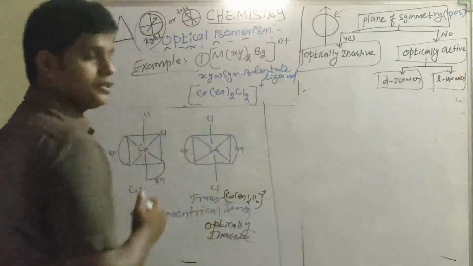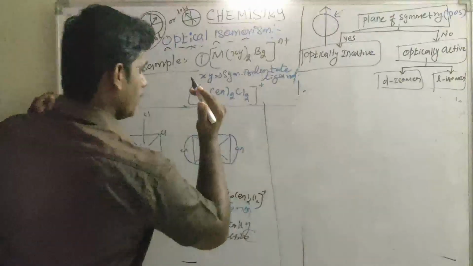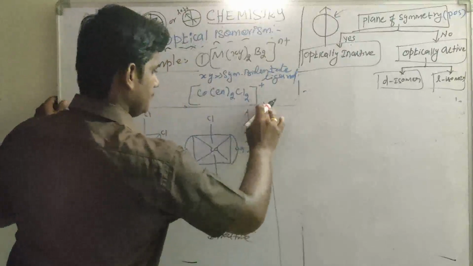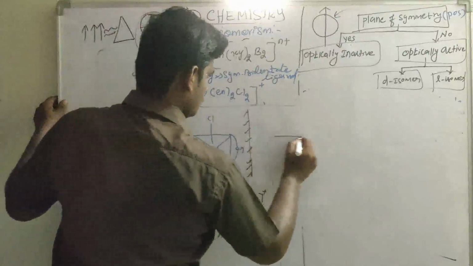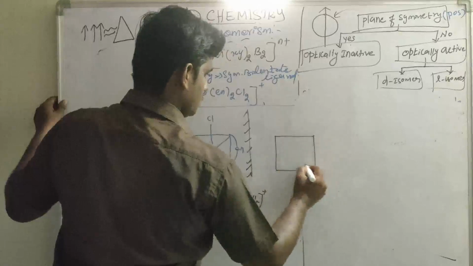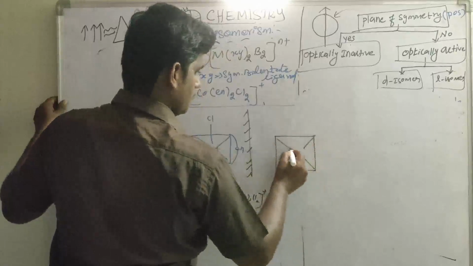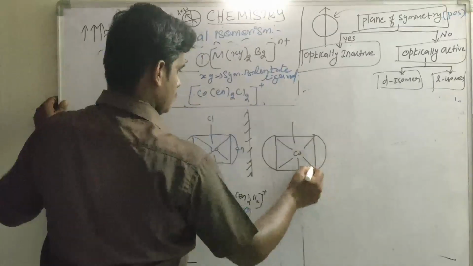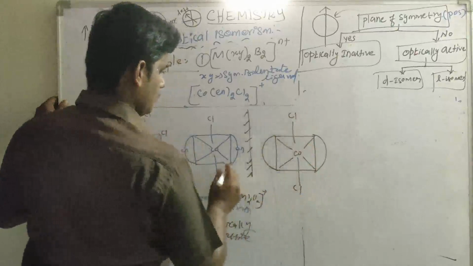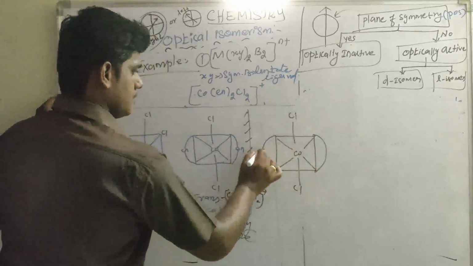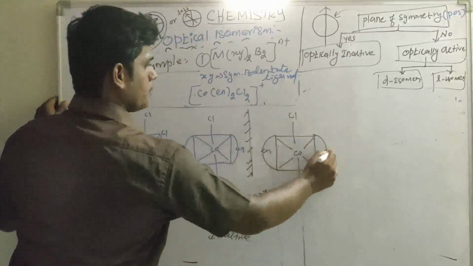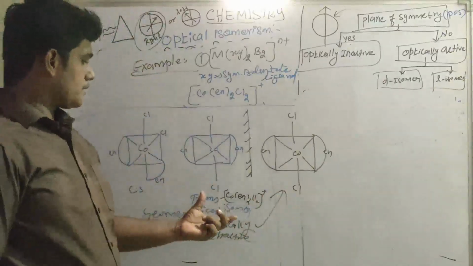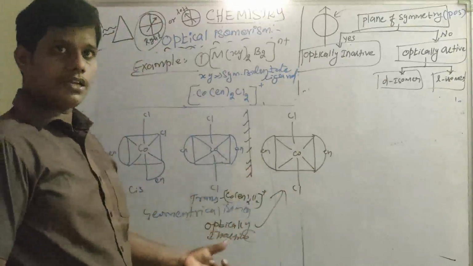It is a superimposable mirror image, so trans Co(en)2Cl2 is optically inactive.